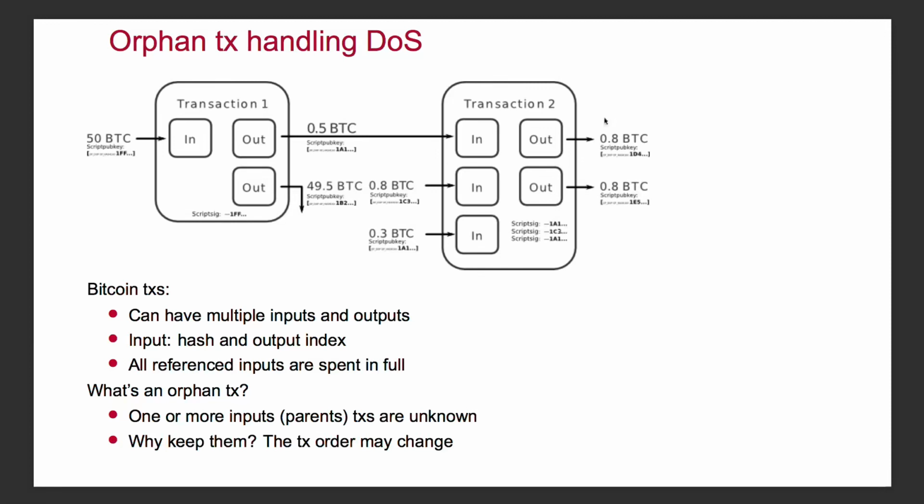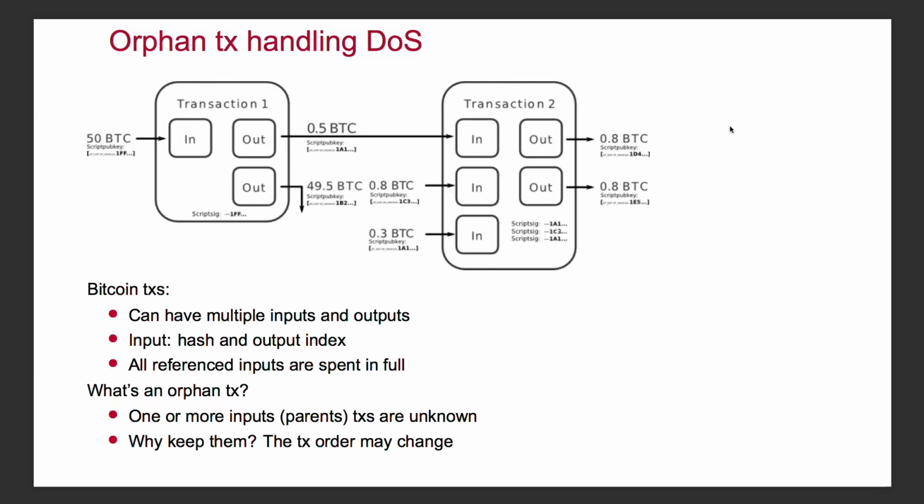So what's an orphan transaction? An orphan transaction is a transaction where an input is unknown. If someone sends a transaction that refers to a previous transaction that's not on the blockchain, it's unknown, and that's an orphan transaction.